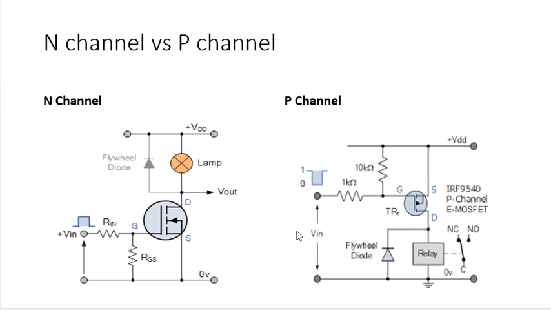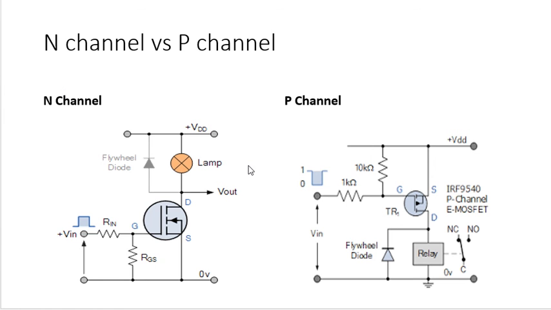Now let us come to its application. Here we have two types of MOSFET. One is N channel and another is P channel. These two circuits are basically MOSFETs in switch configuration. These MOSFETs are acting as a switch, and to use them as a switch, let us consider the case of an N channel MOSFET.